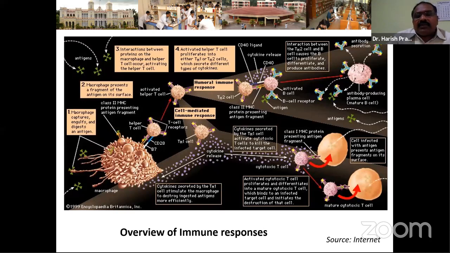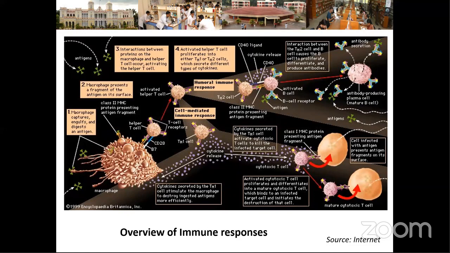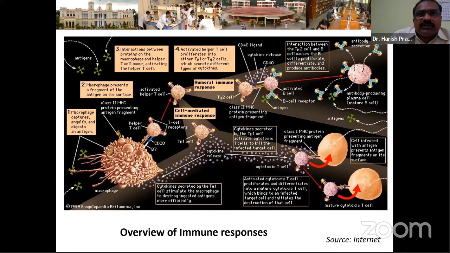To make this many antibodies, we know that 5% of an antibody is carbohydrate. This is the key to why carbohydrates are very important for the body.